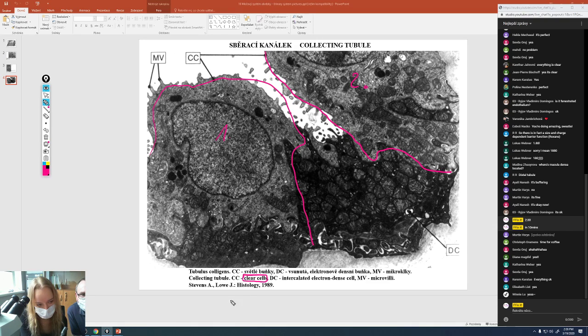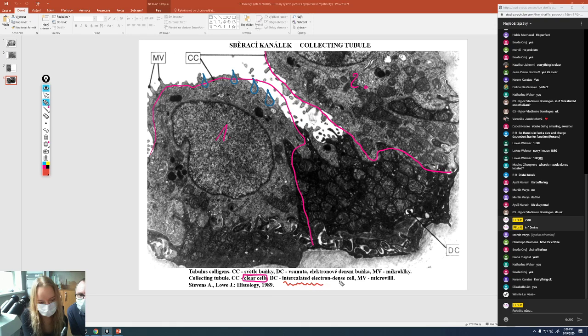Yes, they are important for water absorption because they have aquaporins in their apical membrane, which were already described by Andrea before a break. And we can see also one piece of a dark cell, which is also called an intercalated cell.